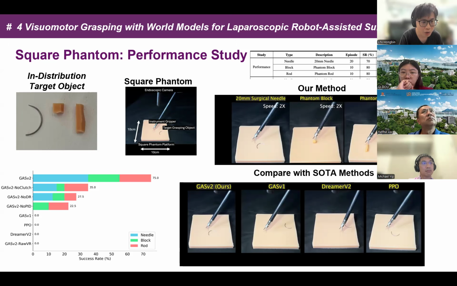Here we showcase the comparison of success rate between our current work and the RSS work. This is the RSS work. In the new benchmark, it didn't improve and didn't show really good results. It just has a 0 success rate. When you only allow the gripper to close once, it is a much harder problem for the grasping.